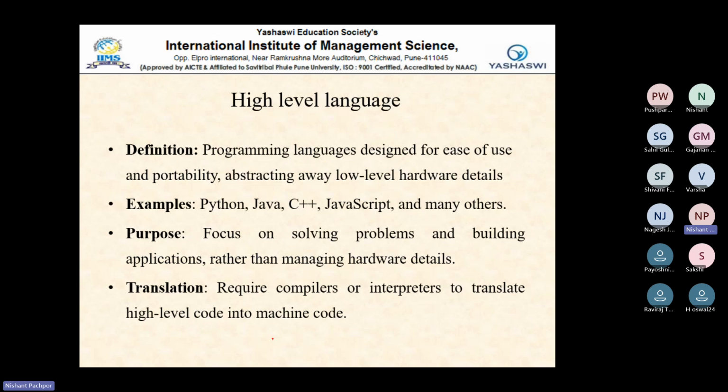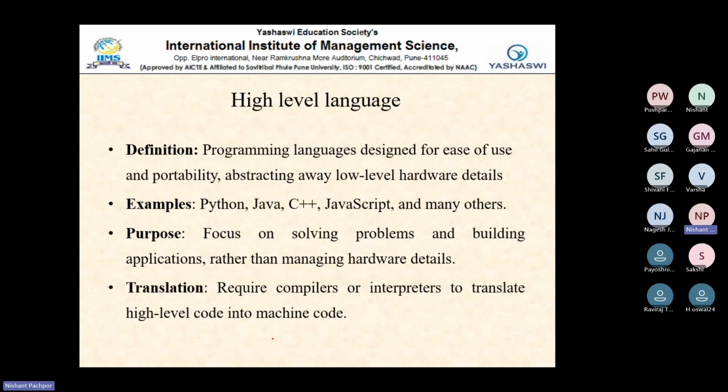Everything is managed by the high level language. Examples are Python, Java, C programming, JavaScript, and many other programming languages available in the market. These are higher level programming languages, HLL.